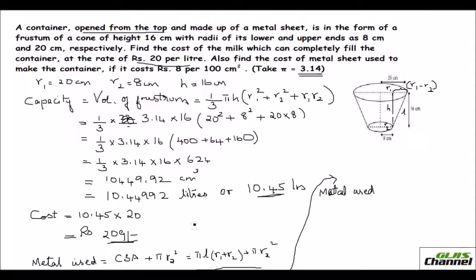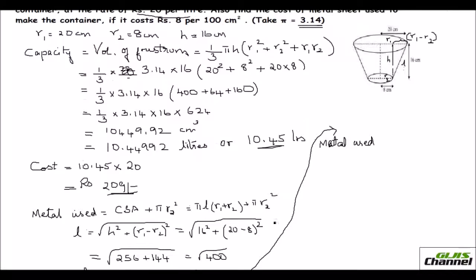Now I have to find the metal used. Already we have the formula there. It is pi L times R1 plus R2 plus pi R2 square, right? So let me calculate that.